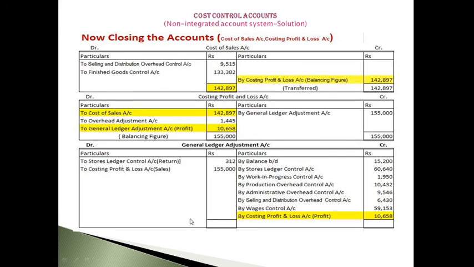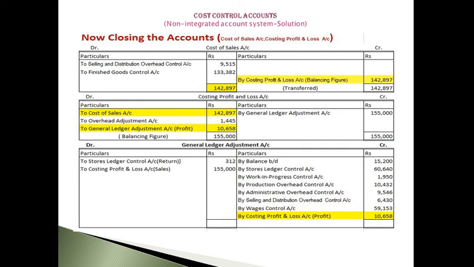Next, to close the cost of sales account and the costing profit and loss account. In the cost of sales account, the debit side is more, and it is totaling rupees 142,897. The balancing figure is transferred to the costing profit and loss account, 142,897.